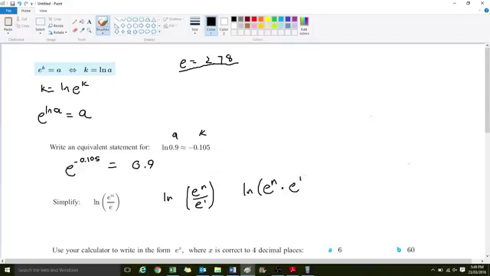Then from another indices law, this can be written as the natural logarithm of e to the power of n take 1. Now we remember from before that ln e to the power of k is equal to k. So ln e to the power of n take 1 is just equal to n take 1.